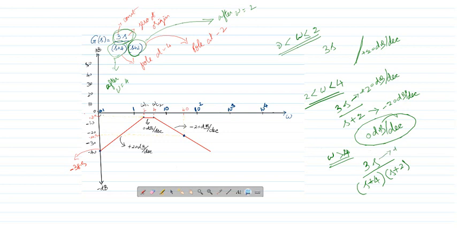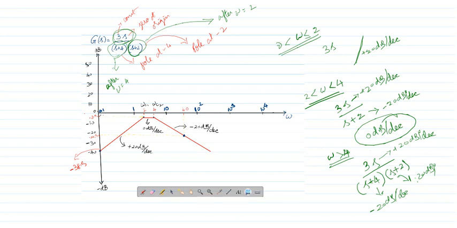This contribution is plus 20 dB per decade. What is this contribution? Sorry, these two are minus, extremely sorry, minus 20 dB. For this it is also minus 20 dB.